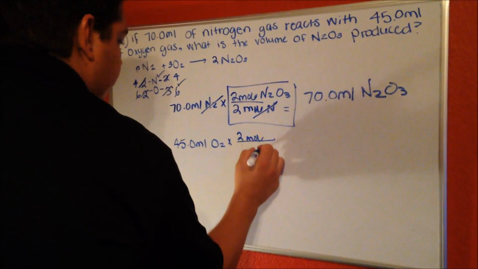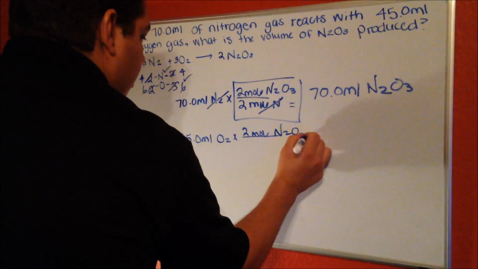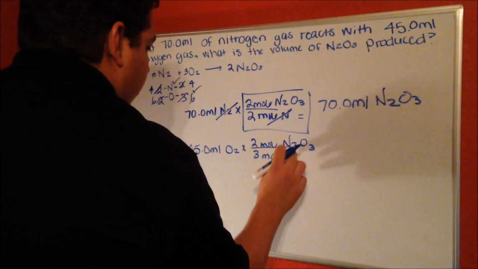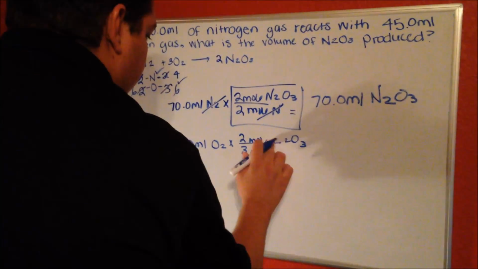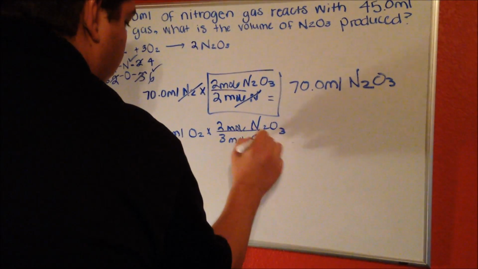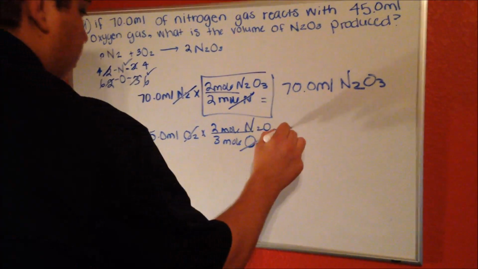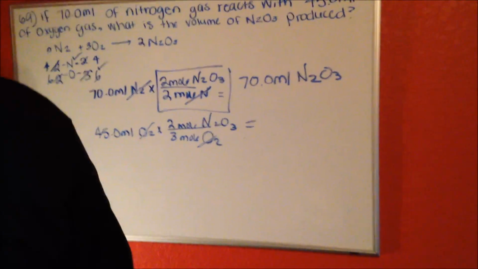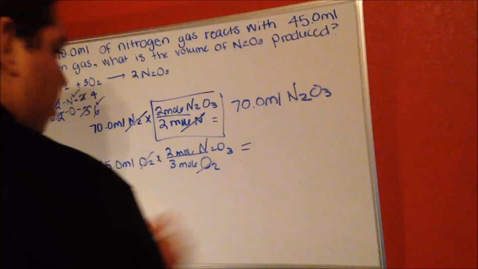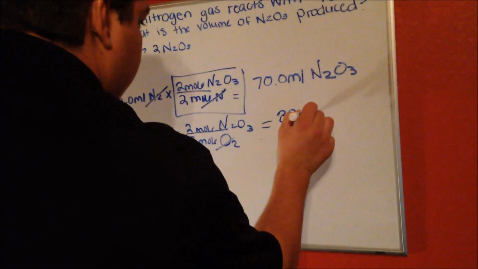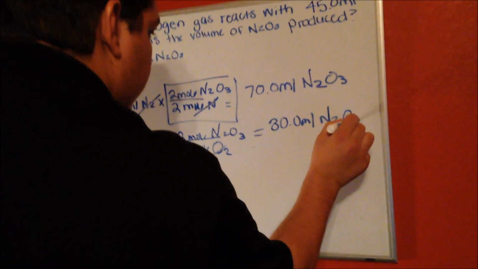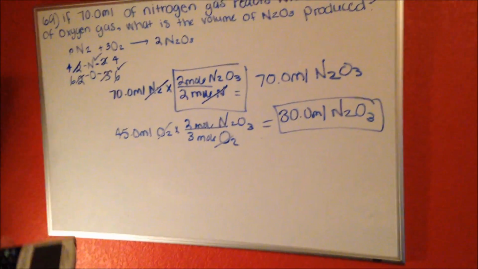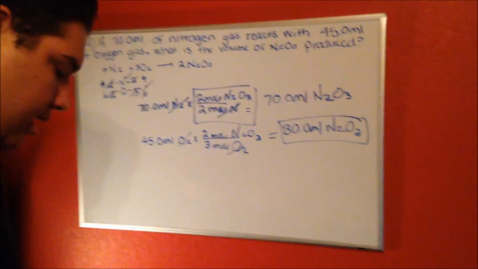So we're going to have 2 mole of N2O3 over 3 mole of O2. We cancel this out, and this should equal 30 ml N2O3. So this right here is your limiting reactant.